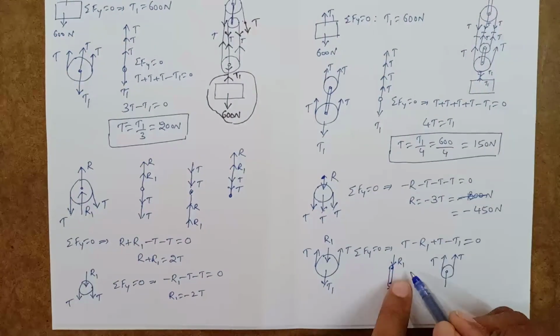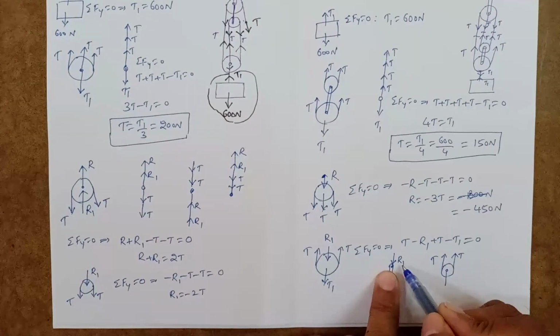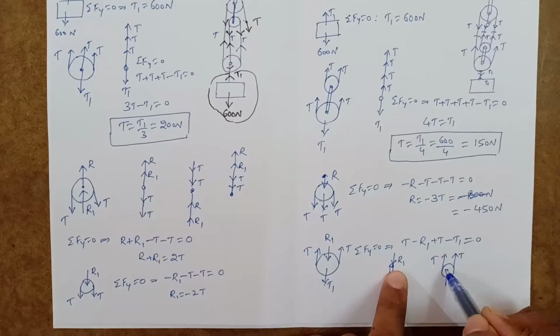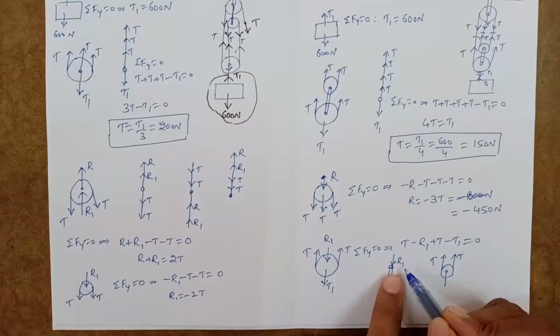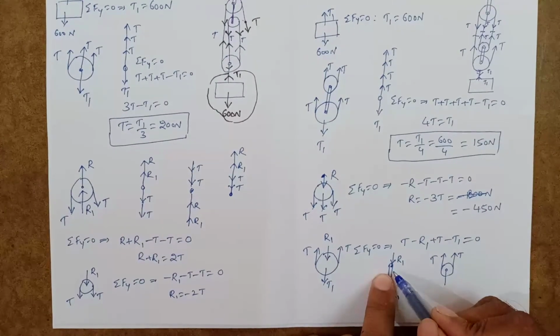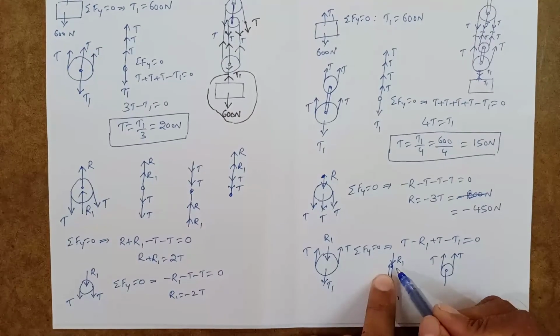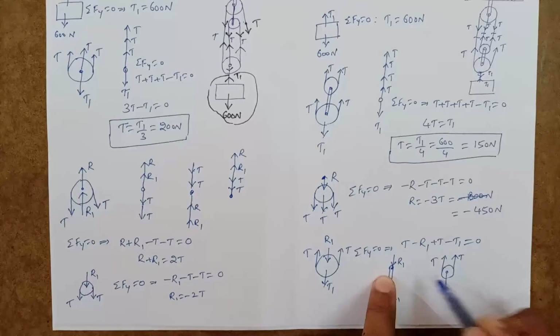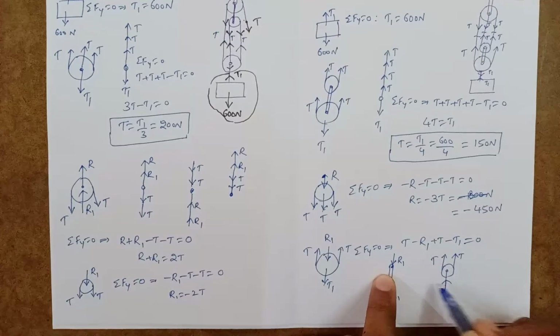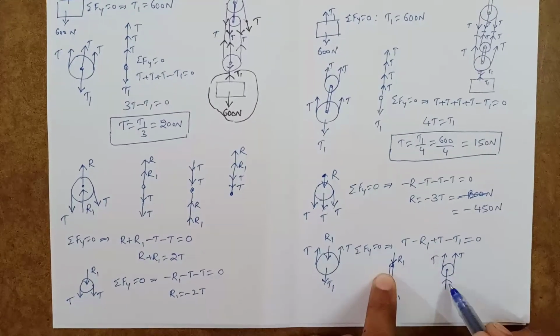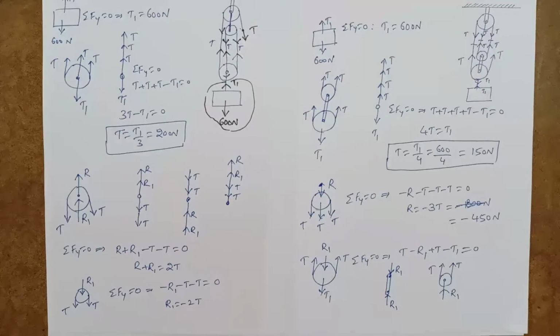Already we have taken this R1 acting downward. This R1 is the force exerted by this pulley on this support. So from Newton's third law, at the same time the support also exerts the same force on the pulley but in the opposite direction. Here it is downward, so here it must be upward.